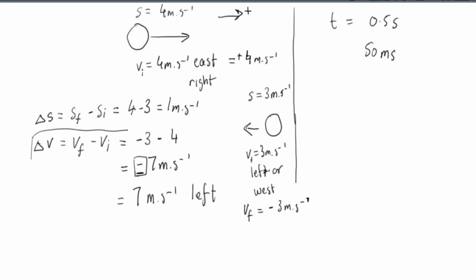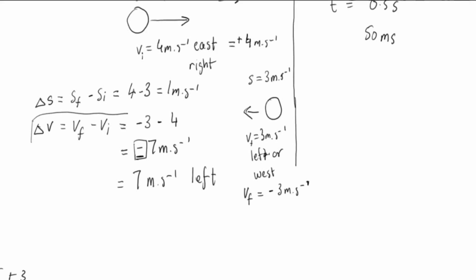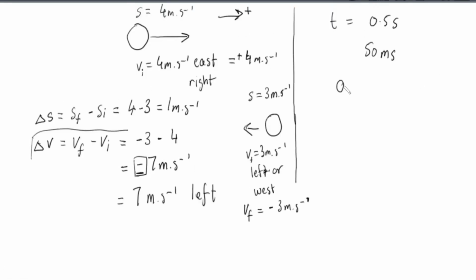So let's move on to our final bit of this question and find out what the acceleration is. Well, we know acceleration, which is also a vector, is equal to the change in velocity divided by the change in time. We know the change in velocity is negative 7, where the negative indicates left. And we know the time over which this change occurs is 50 milliseconds, which is 50 times 10 to the negative 3 seconds.